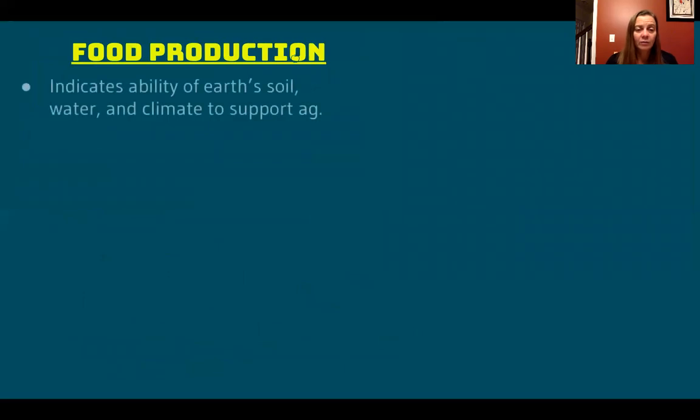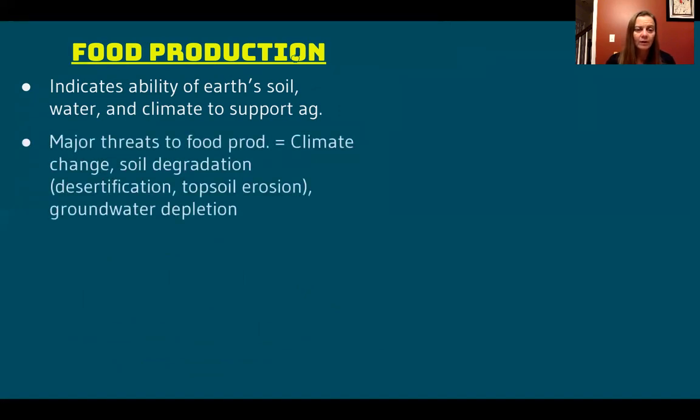Another indicator of global sustainability is food production. This indicates the ability of our soil, water, and climate to support agriculture. Some of the major threats to food production are climate change, because crops are no longer able to grow in the same locations that they were before because of changing seasons.